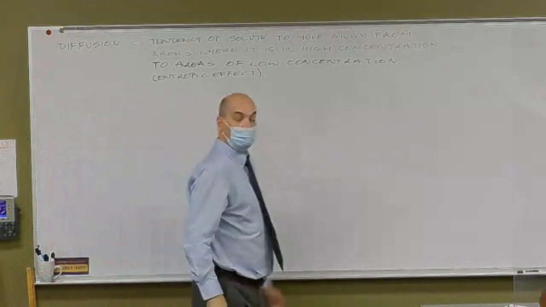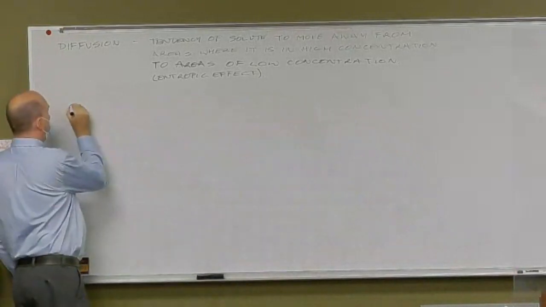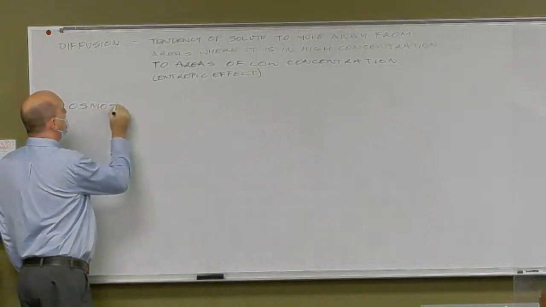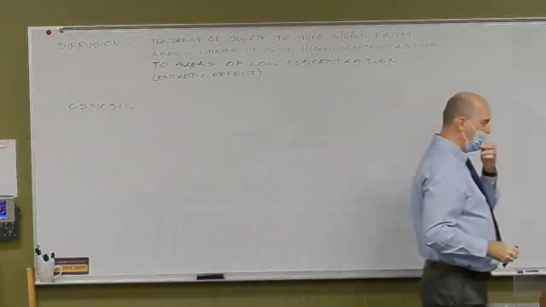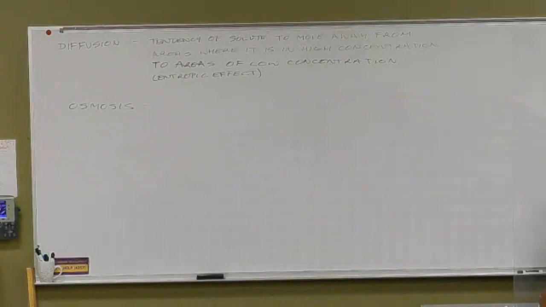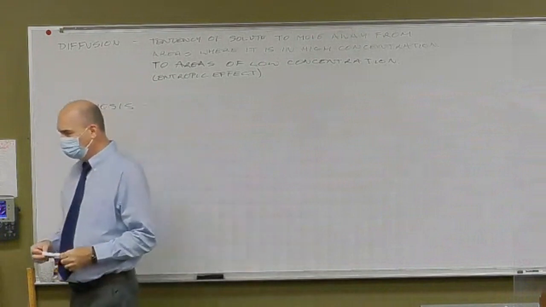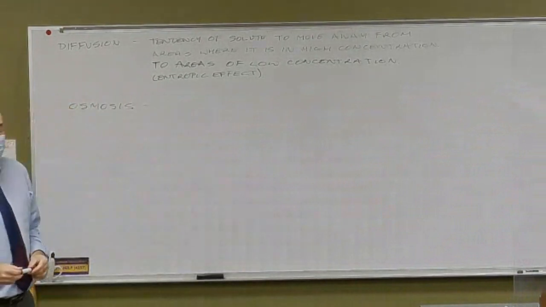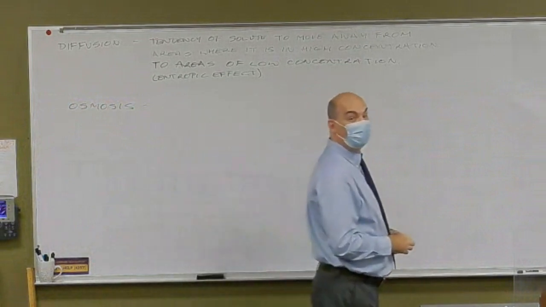Okay. Well, there's a second type of diffusion, and this one is special. This one's called osmosis. And in osmosis, two things are different. One is that it's not the solute that's moving, it's the solvent.